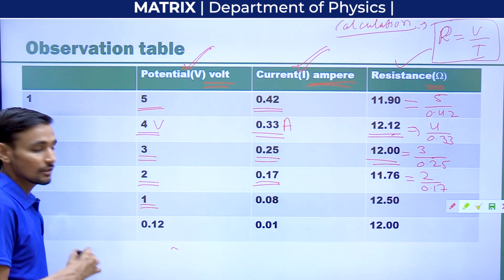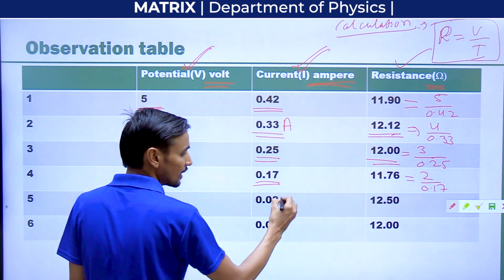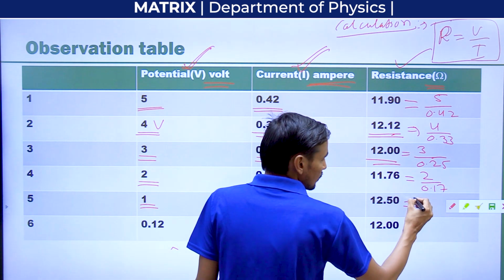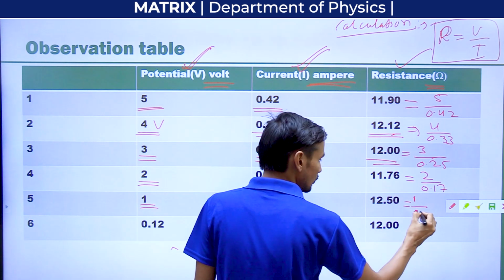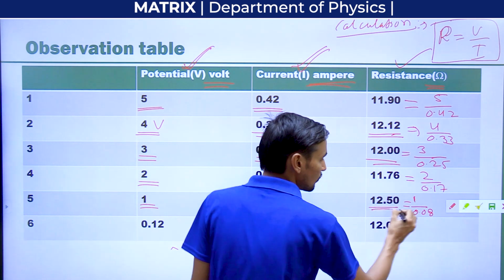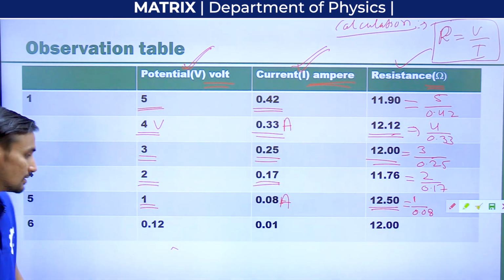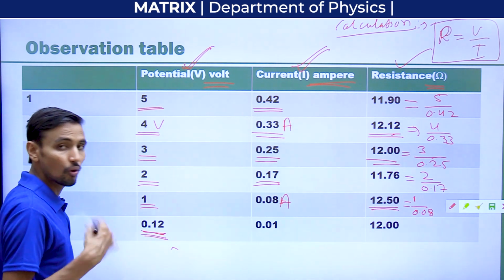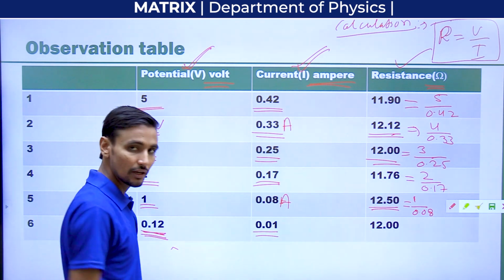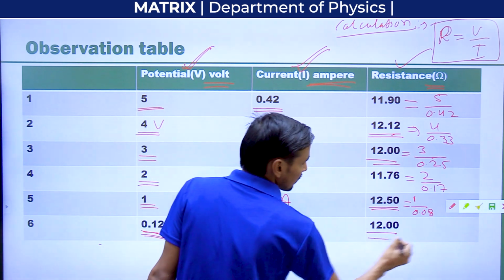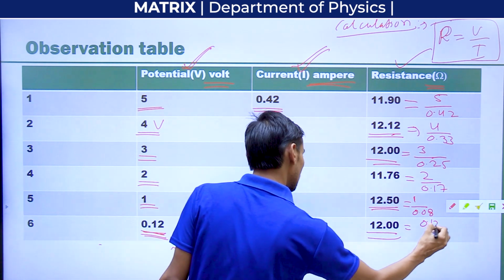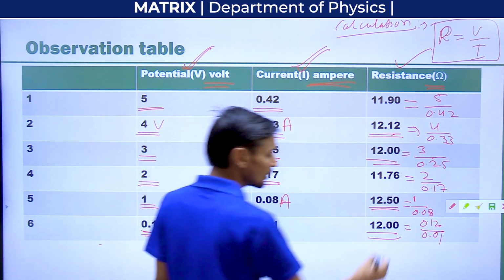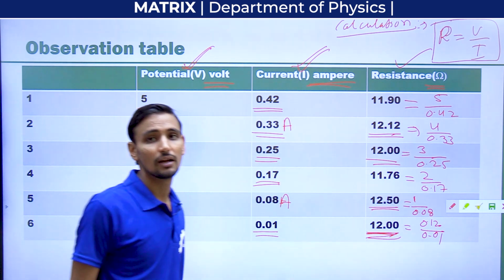When the voltage is 1 volt and the current is 0.08 ampere, 1 divided by 0.08 gives 12.50 ohm. When the voltage is 0.12 volt and the current is 0.01 ampere, 0.12 divided by 0.01 gives a resistance of 12 ohm.